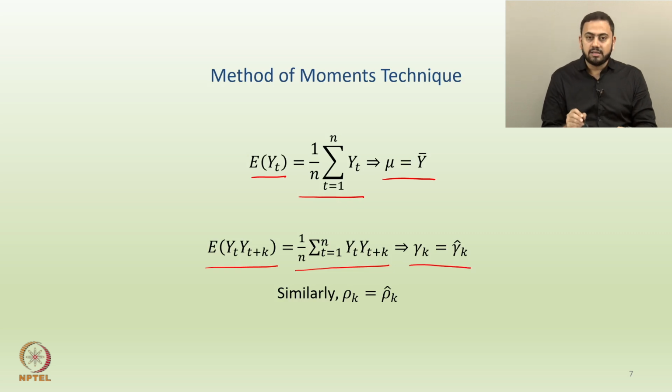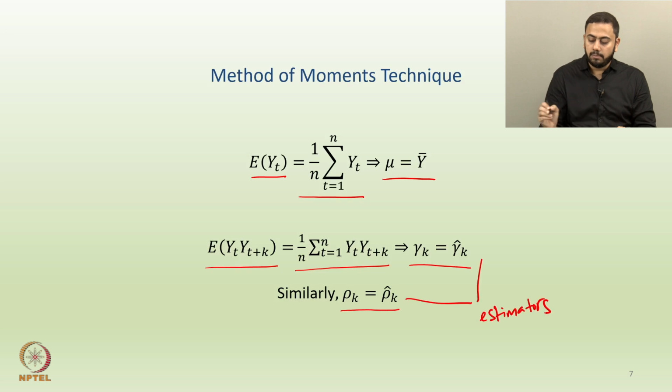Similarly, one can create equations based on correlations also, something like rho k equals rho k hat. Wherever you see hats, hats represent estimators every time. So, gamma k hat or rho k hat are both estimated quantities, the estimators of the underlying parameters.